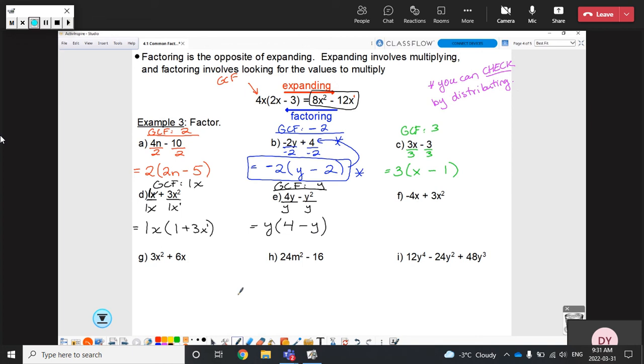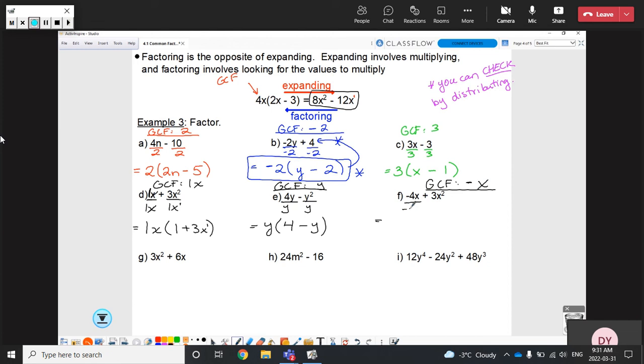Okay, and the last one. Our greatest common factor here, because the first term is negative, I kind of want to common factor it out. So we'll say negative, well, 4 and 3, yikes. The only common factor for the numbers would be 1, but x to the 1 and x to the 2. So I suppose the greatest common factor is going to be negative 1x, or negative x.